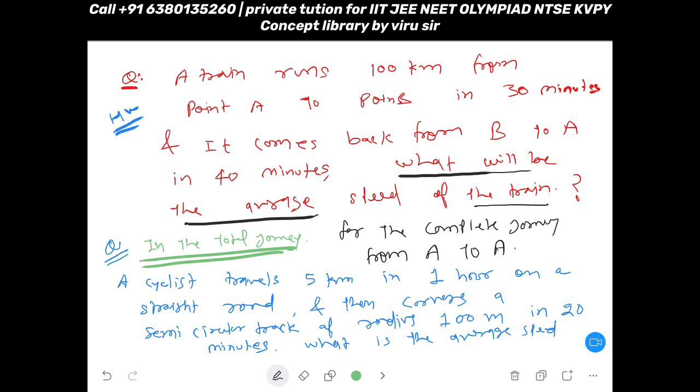Now you see, when we talk about speed, the speed formula is distance by time. But when we talk about velocity, velocity depends on displacement. It does not depend on distance. So all the questions we can solve for velocity also.